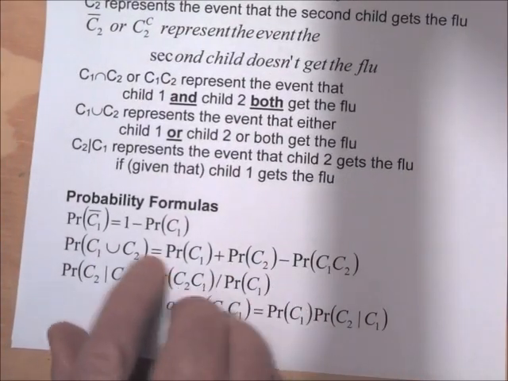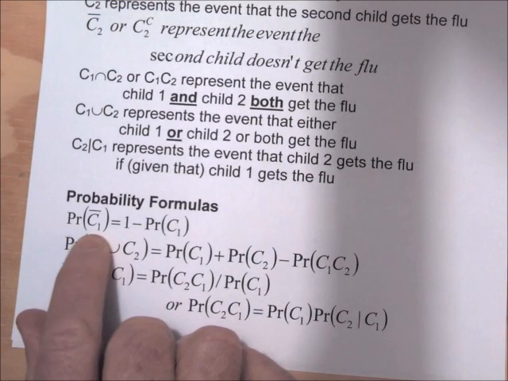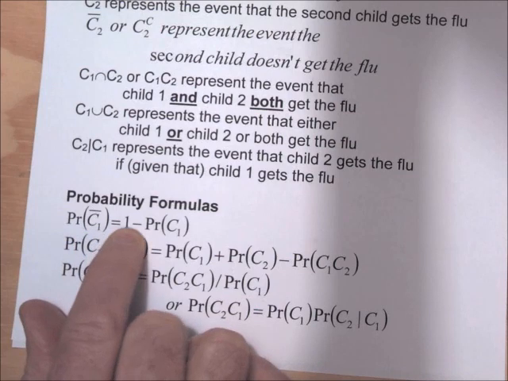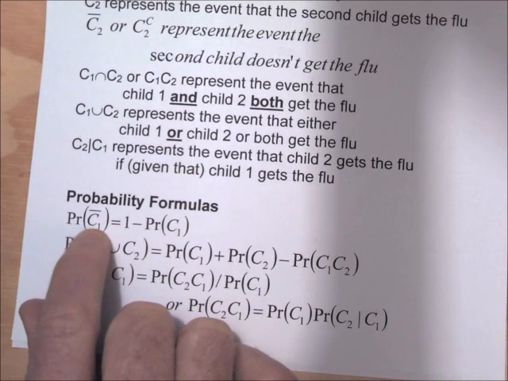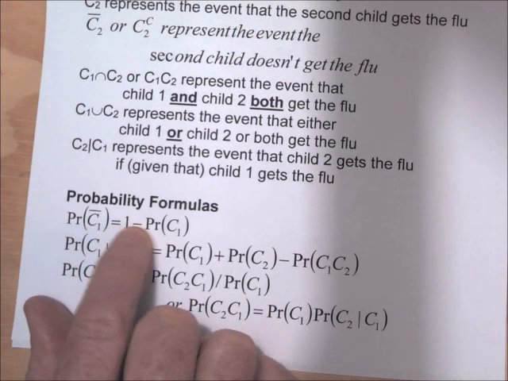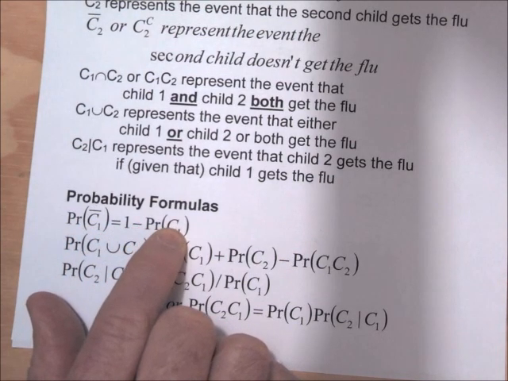And there are some formulas. I don't like to emphasize these formulas, but for those that like formulas, the probability of C1 bar is 1 minus the probability of C1. In other words, the probability the first child does not get the flu is 1 minus the probability that the first child gets the flu.